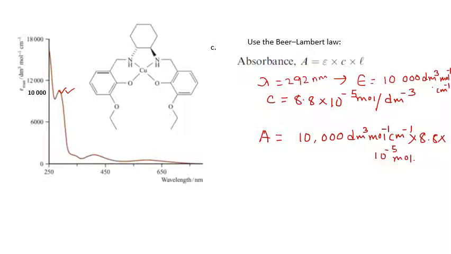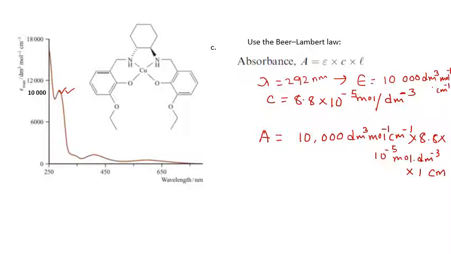Basically I have written it wrong. So per decimeter, then it will be decimeter cube, and if you write it in this manner, it will be minus decimeter cube, and then C L. L is equal to the path length, that is 1 centimeter.